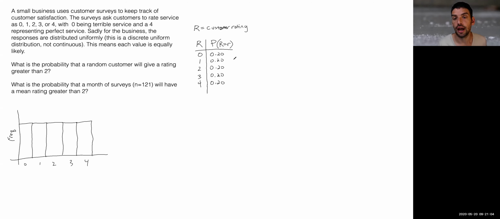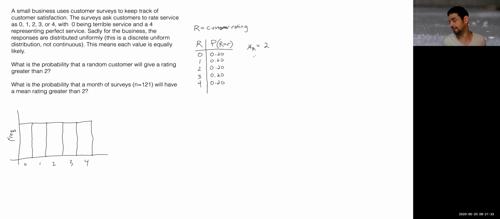It's a simple enough computation. I'm going to throw in a couple of extra facts about the discrete uniform distribution that we're going to need later. It turns out the mean of R is going to be 2. I think that one's pretty evident. If we add up all these values and divide by how many we took, you could compute the expected value pretty quickly and you'll see that you get a value of 2.